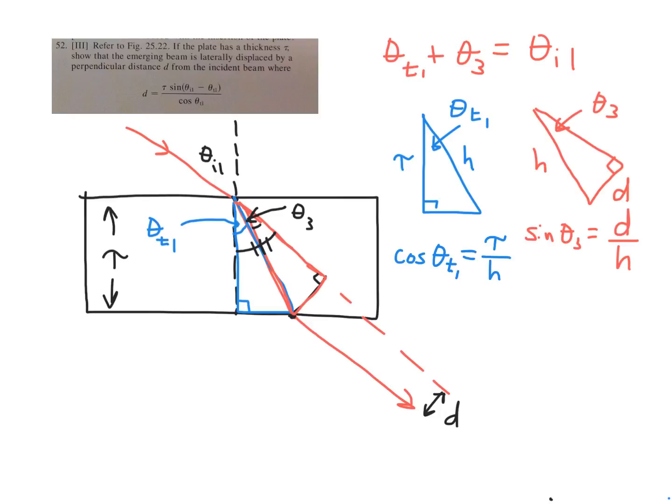I'm going to solve both of those for H. So H equals tau over cosine theta T sub 1.